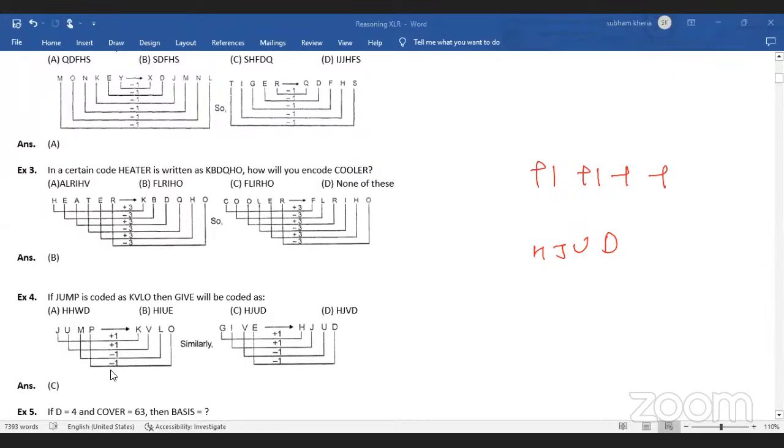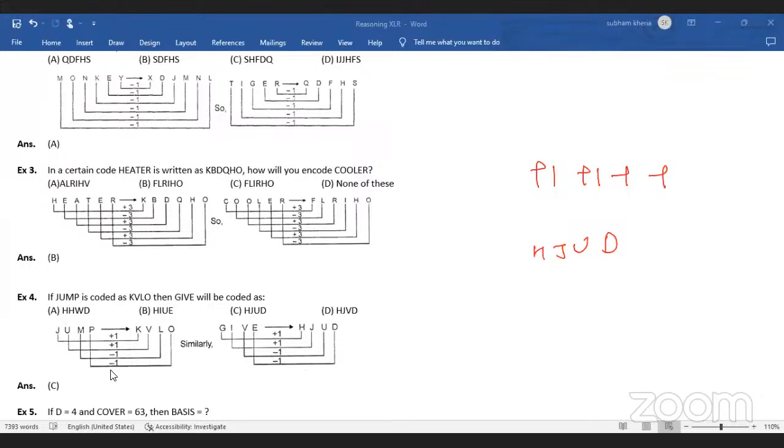Fifth one. It says if D is 4, and cover is 63. अरे यार, ये क्या आ गया? What is this? Think. It's very easy. देखो, D is 4. I know why D is 4, because D का code is 4, D का number is 4.